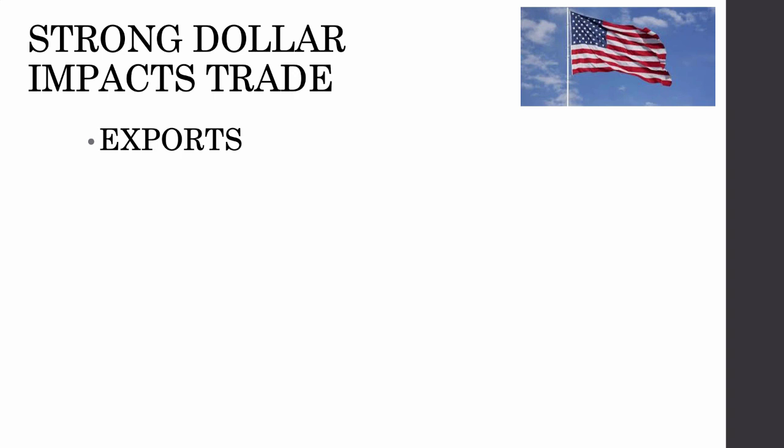So if cars get more expensive, people on the whole buy fewer cars. But the same logic applies to foreign currency. So if a country's currency gets stronger, it means somebody else in another country can buy less of it. And if you can buy less of the country's currency, it means you can buy fewer of that country's goods.